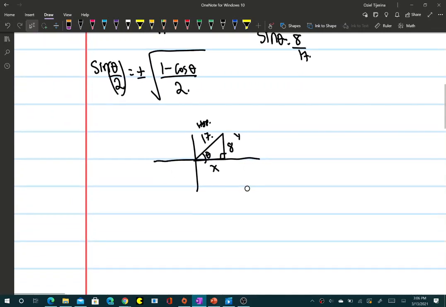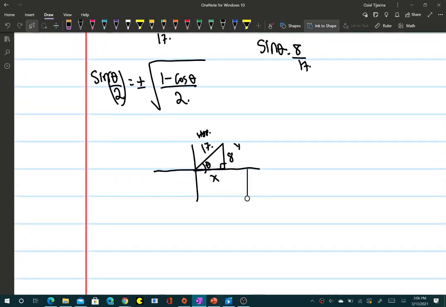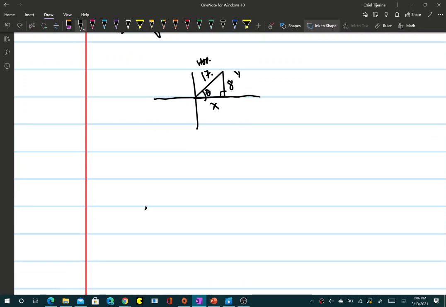So if we draw the right triangle separately, and it doesn't have to be perfect, by the way, we put 8 right here, x right here, and 17 over here.